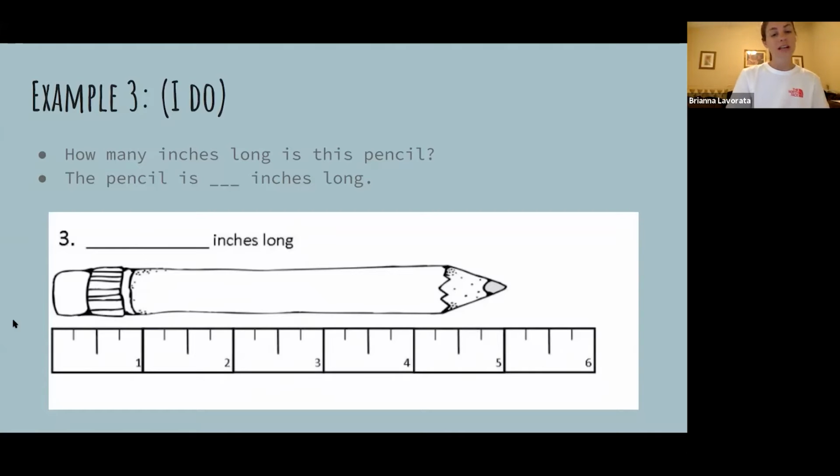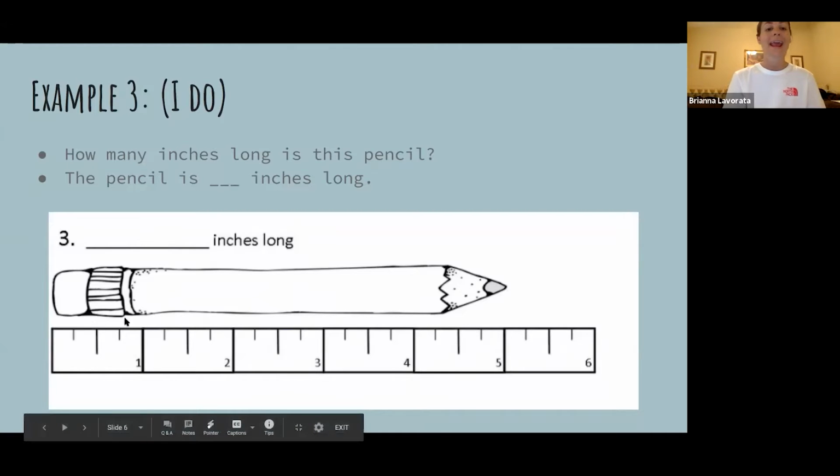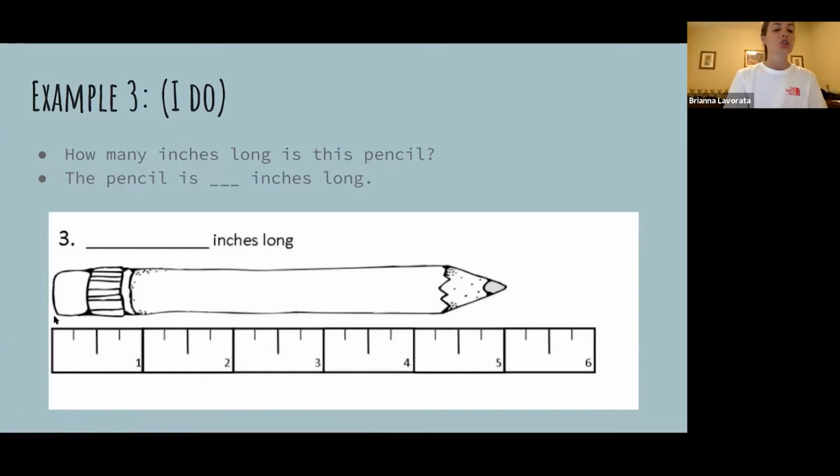So the object that we're measuring is a pencil. Our measuring tool is a ruler, and our unit of measurement is going to be inches, okay? So we're going to start at the very left side, right where the eraser is. We always start at the number 0 or 1. So we have 1, 2, 3, 4, and my pencil stopped at the number 5.